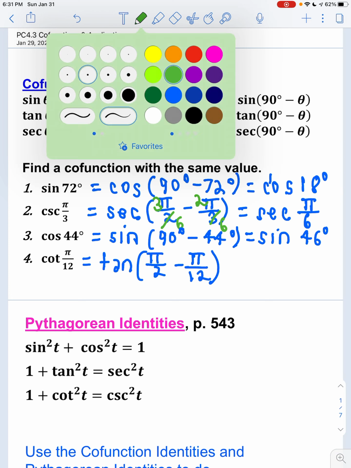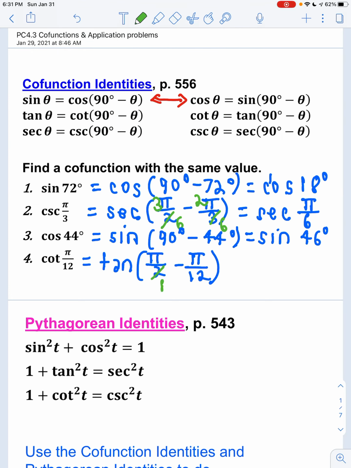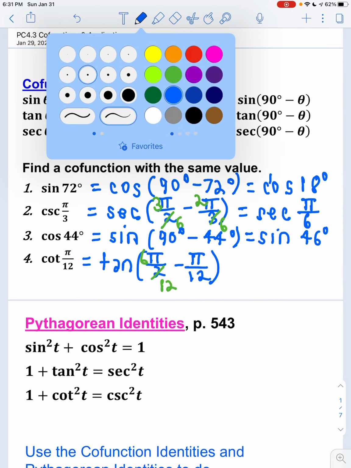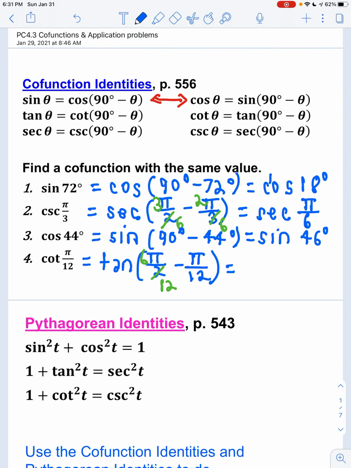This is where using a common denominator, which would be 12, this would be 6 pi over 12 minus pi over 12, means the cotangent of pi over 12 is equivalent to the tangent of 5 pi over 12.